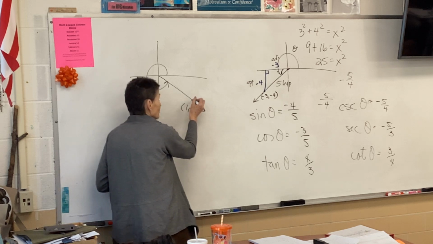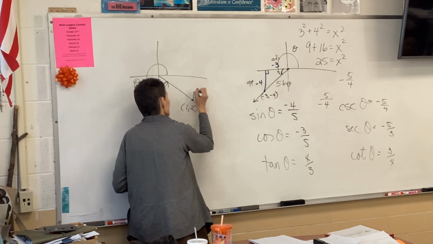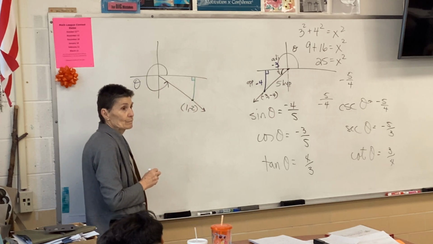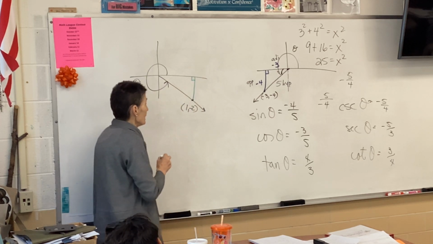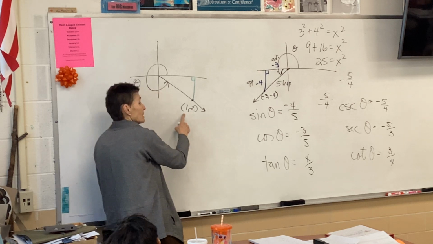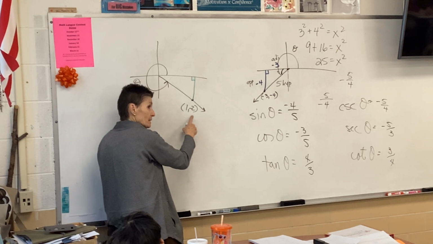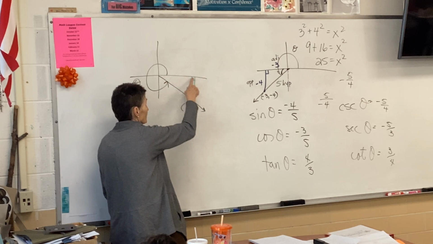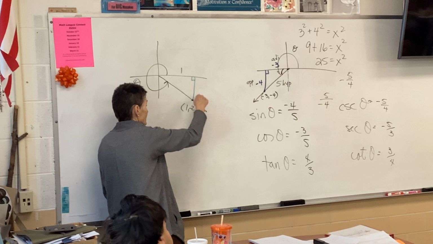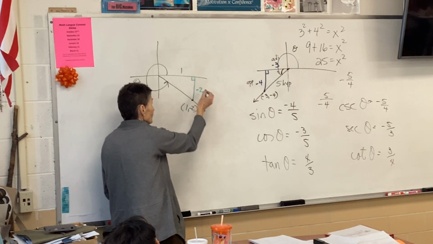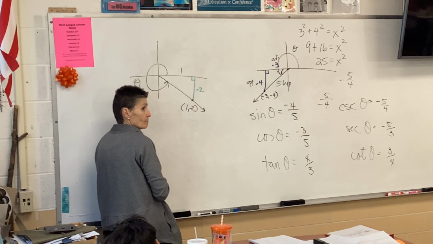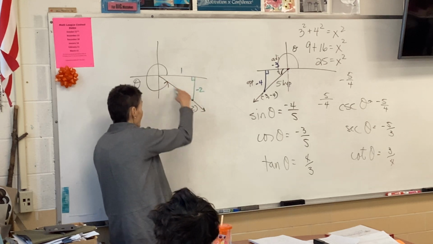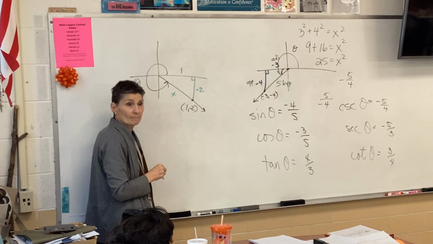And when I make my triangle, I'm going to go straight up. Is that all right with everybody? And if that's the point, +1, -2, then what's this? 1, and what's this? -2. 1, -2.